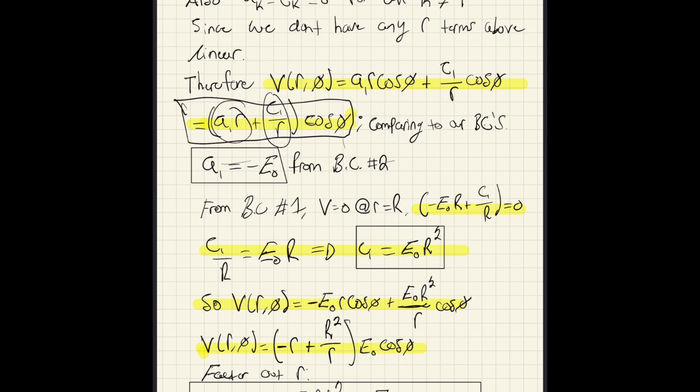And then factoring out little r, you get this final expression at the bottom, in a nice cleaner state: R over little r squared minus 1, with E naught r cosine phi factored out. And that is the final form of the potential outside of this infinitely long cylinder.